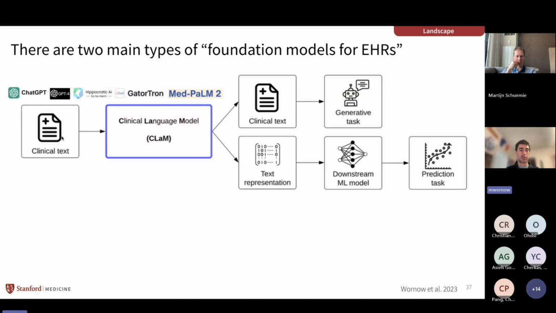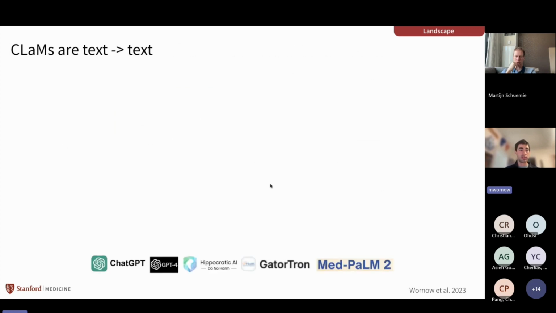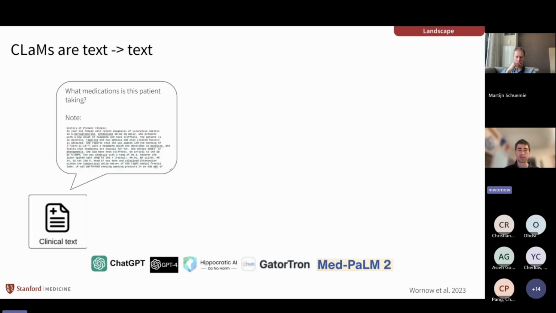You get clinical text on the left-hand side, and then you can either get clinical text out of it, like any large language model, or maybe you get the embeddings from the model and do some sort of downstream prediction task. Basically, a CLAM is just a large language model that goes from text to text.